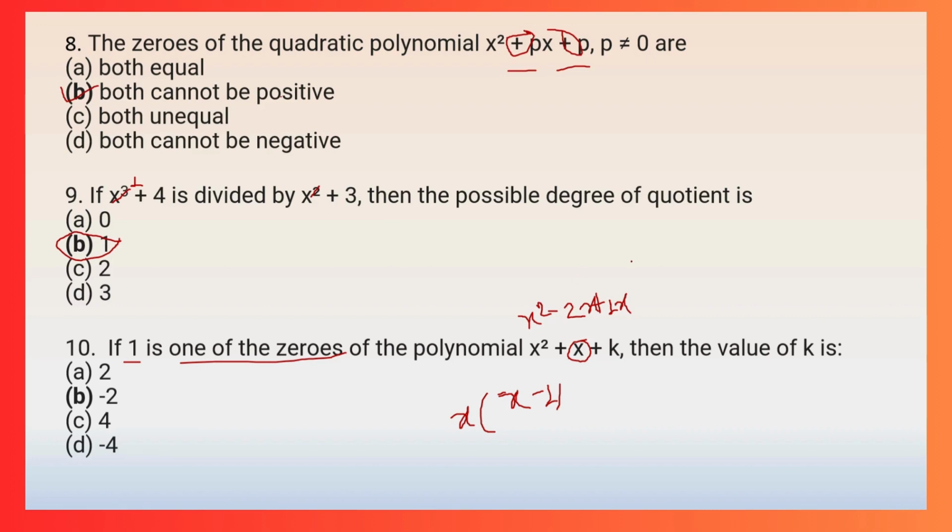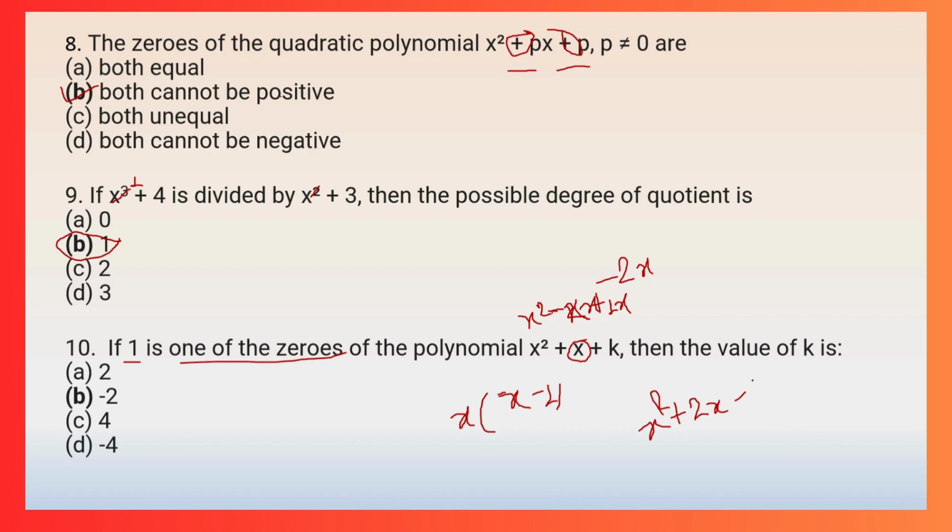So 2 will be here like this, -2x, and x will be in this case minus x. Also I will clearly mention here x square plus, the bigger digit will be positive because ultimately it is positive.